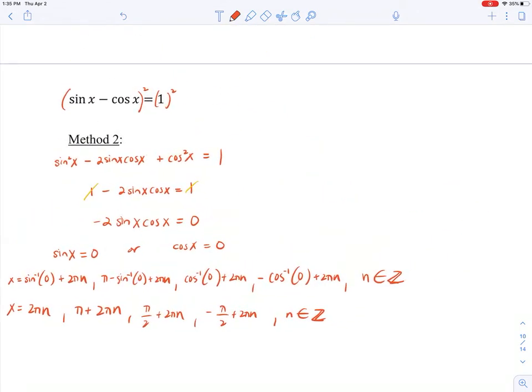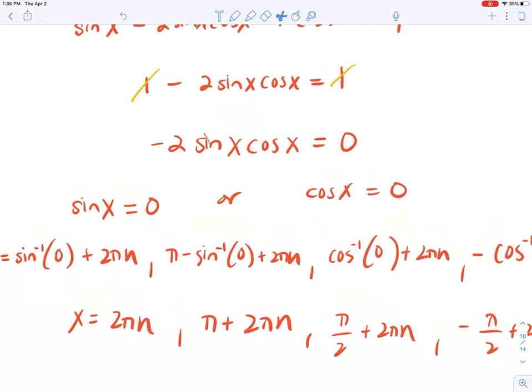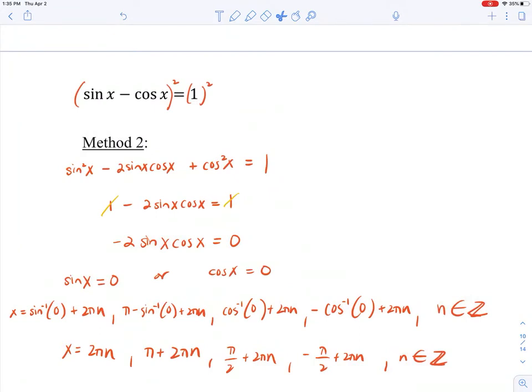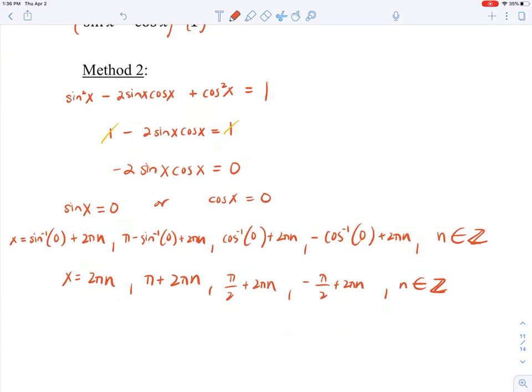Here's the thing, you need to double check that each part of the general solutions actually makes sense. So if n were equal to 0, if we were to plug 0 in for x, sine of 0 is equal to 0. Cosine of 0 is equal to 1. Oh, we'd end up with -1 equals 1.